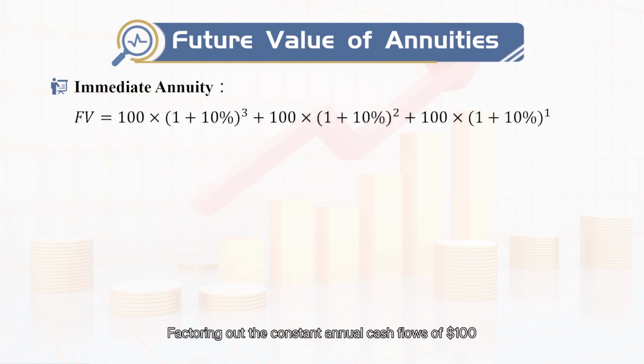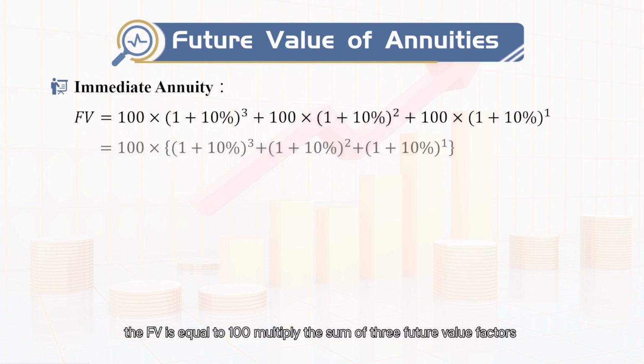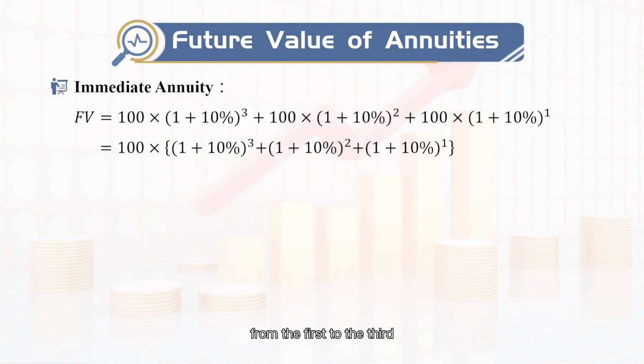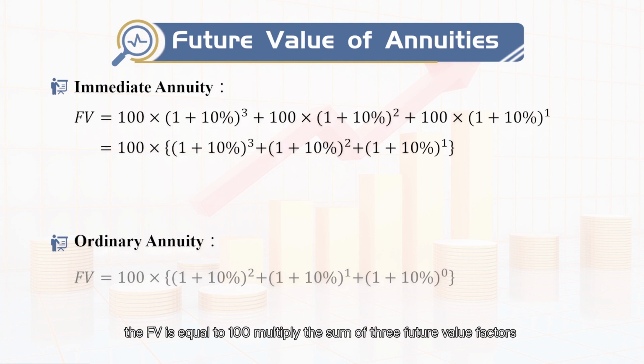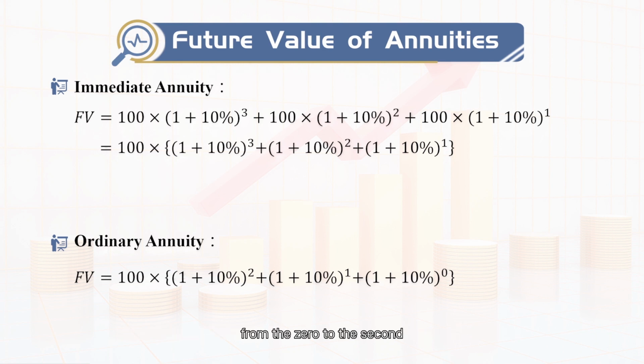Factoring out the constant annual cash flows of $100, the FV is equal to 100 multiplied by the sum of 3 future value factors from the first to the third. While in the ordinary annuity, the FV is equal to 100 multiplied by the sum of 3 future value factors from the 0 to the second.